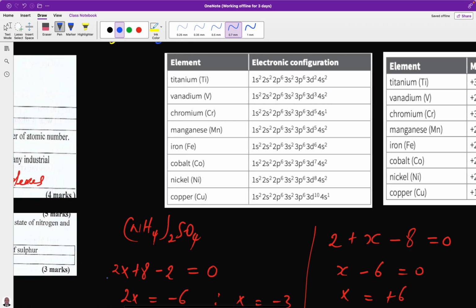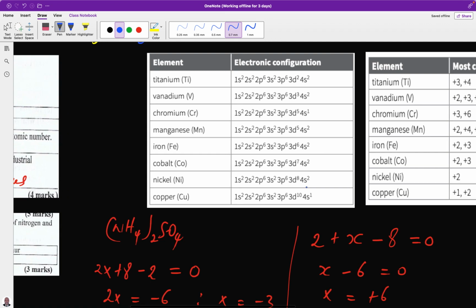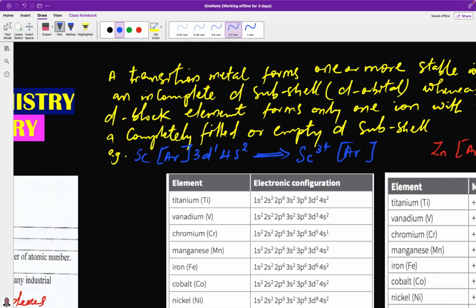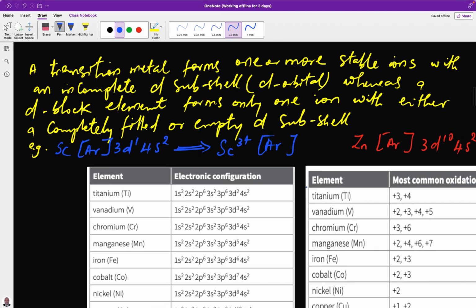Look at transition metals, look at their electronic configuration. They form one or more ions and they have incomplete d orbitals or d subshells. But for d block elements, remember, not all the d block elements are transition metals.